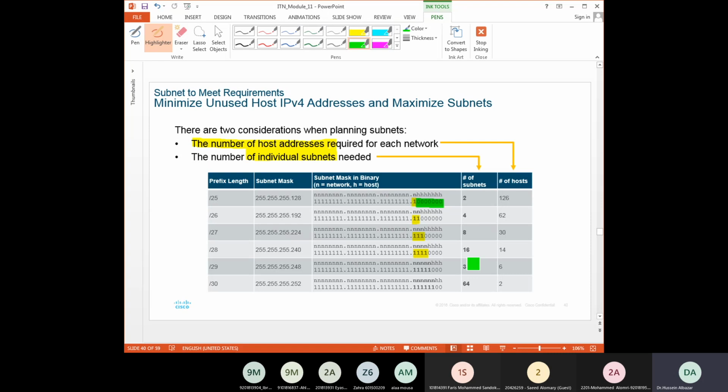Why minus 2? The first address is always for the network address, the last one for the broadcast. Between them are the usable IP addresses that can be assigned to any host.